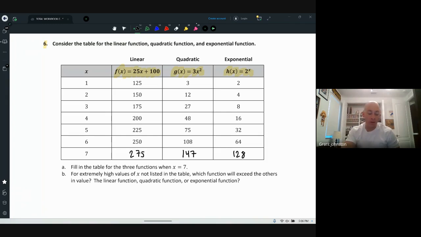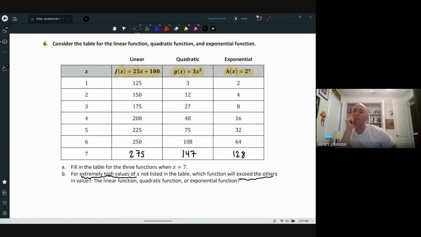Which function will be bigger than the others? Well, right now, the linear function is biggest, right? It's at 275 when x is 7. The quadratic's at 147. The exponential is at 128. So the question is, which one's going to be bigger as we keep going?